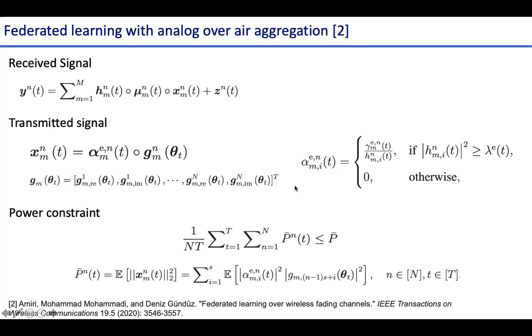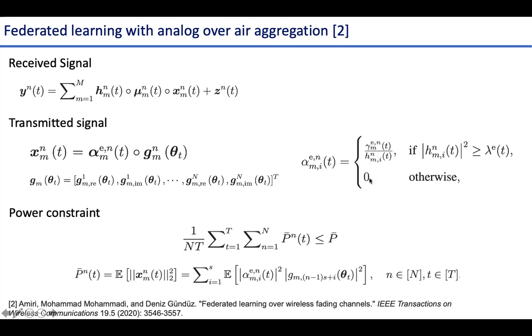So this is the vector of transmitted gradients from user m at iteration t. As I said, alpha has to satisfy the power constraint, and alpha also includes the channel inversion process. So alpha is gamma over h. In fact, alpha is gamma over h if this condition is satisfied: if the magnitude squared, or the power, of the channel exceeds a certain predefined threshold, then gamma is greater than 0 and equal to this value.